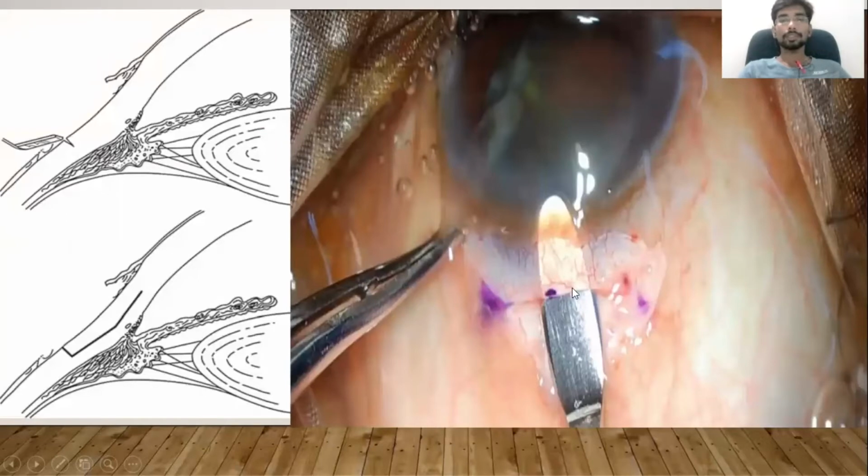We have to see the crescent knife through the sclera. Here the incision is placed 2 mm from the limbus and tunneling is done. In the intracorneal portion we have to go up to 1.5 mm from the limbus.